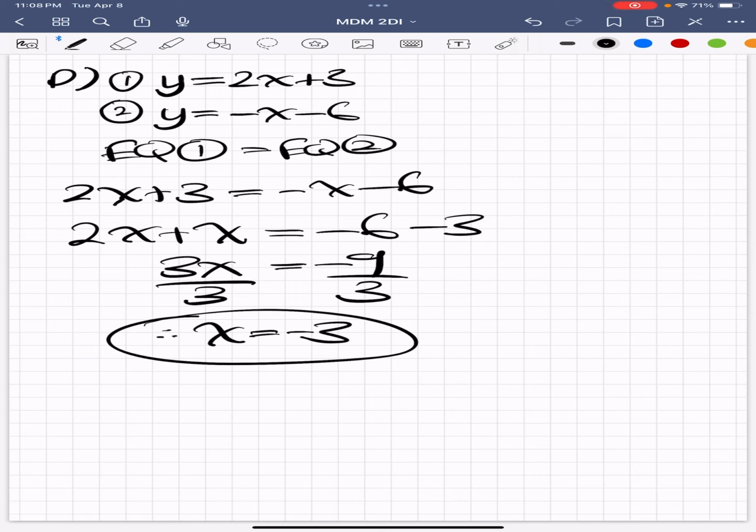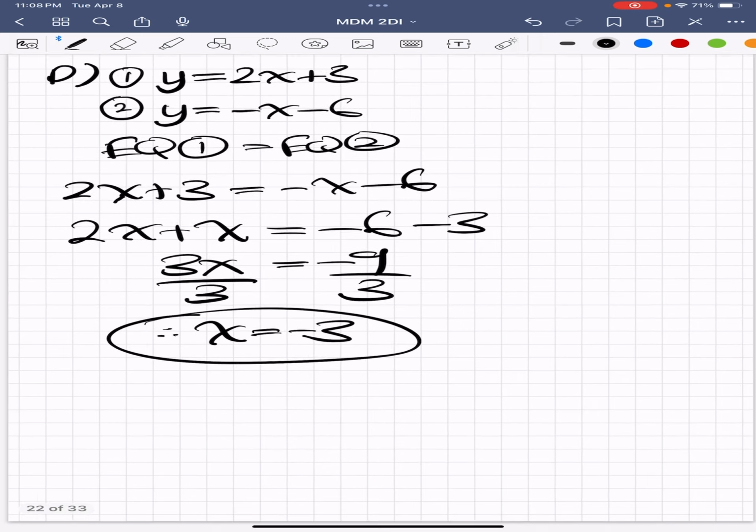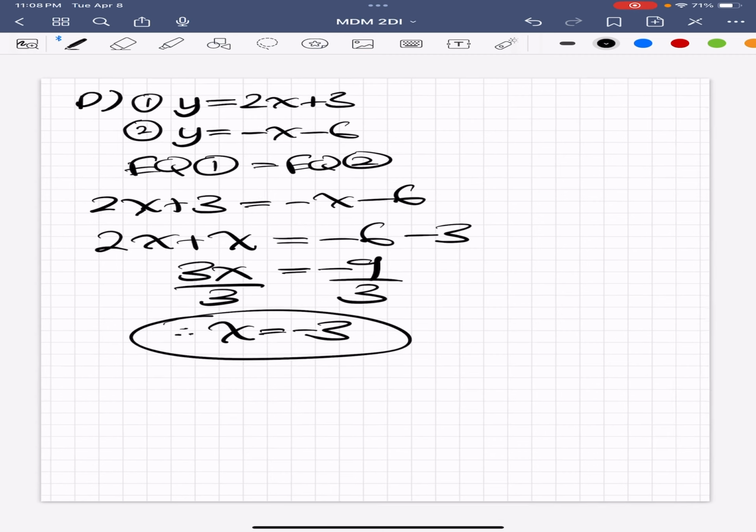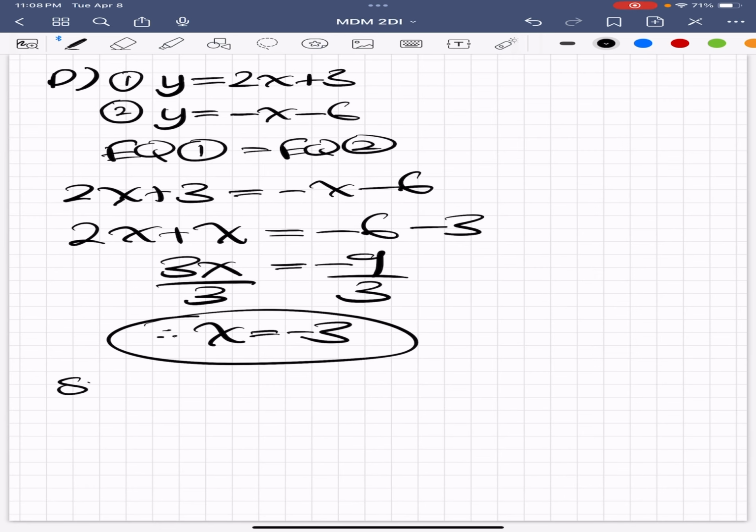And then we're going to substitute the x coordinate of the point of intersection into the original equations given, so equations 1 or 2.